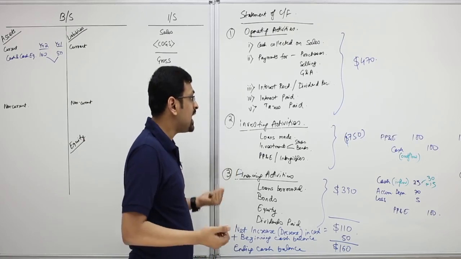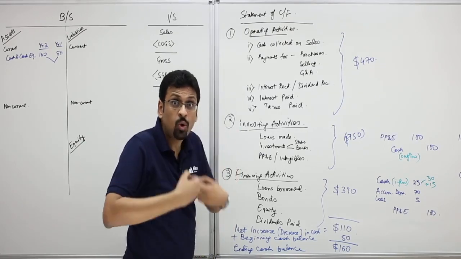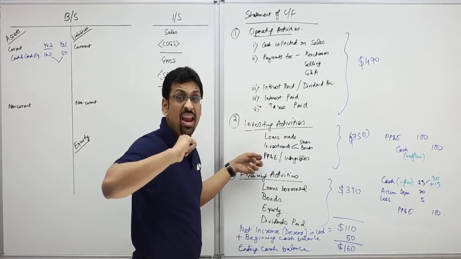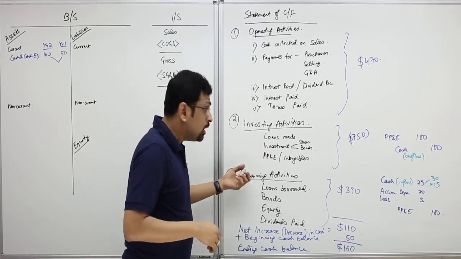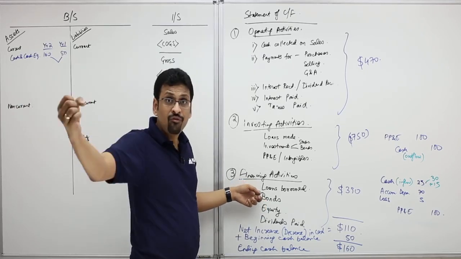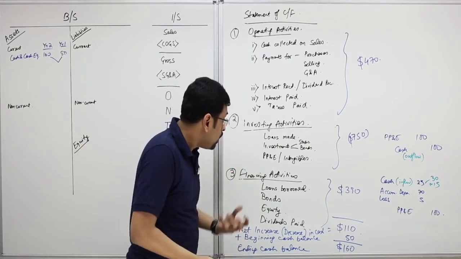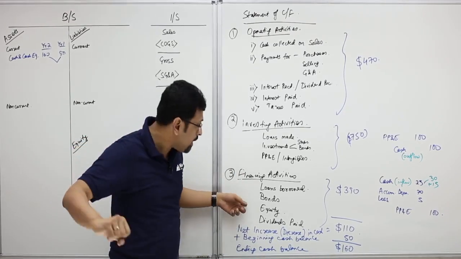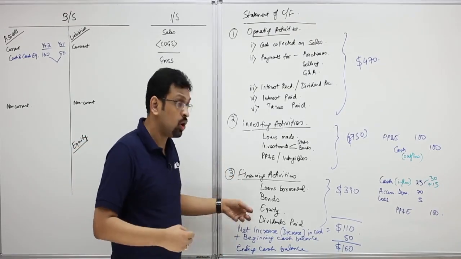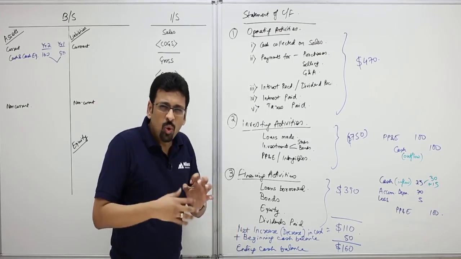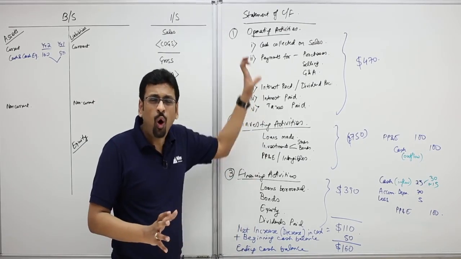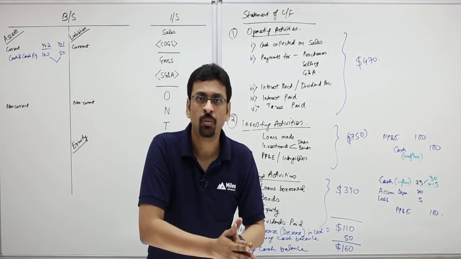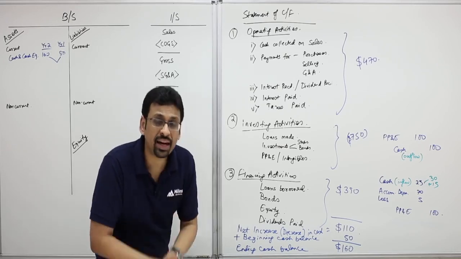You're looking at investing activities: how many loans did you give out, did you invest in others, did you buy stocks and bonds of others, did you invest in yourself? Did you borrow money, finance your company, did you issue bonds, raise capital, or did you retire bonds, buy back treasury stock, did you pay dividends? So basically the summary of all your cash account, how cash came in and went out. That is called the direct method.